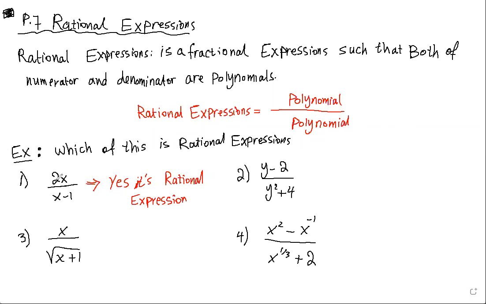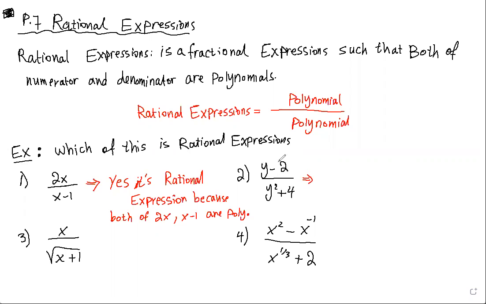Why? Because both 2x and x minus 1 are polynomials. Second one here, y minus 2 over y squared plus 4. Is it a rational expression?